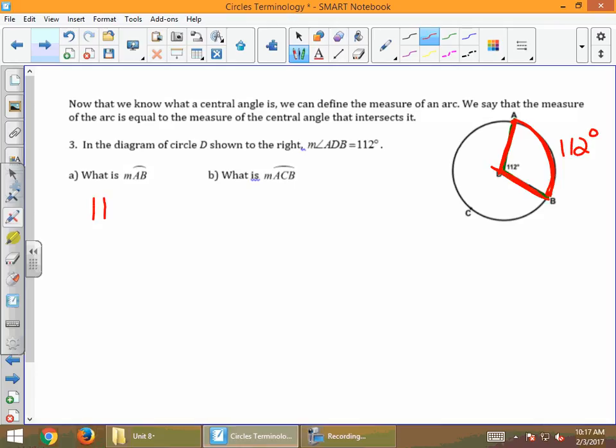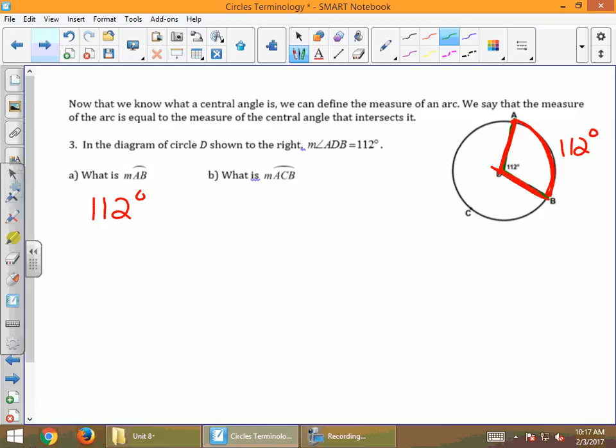We would say AB is 112 degrees. Everyone okay with that? When you have a central angle, that arc that's in between that angle, they're the same. Okay? Same exact measure.